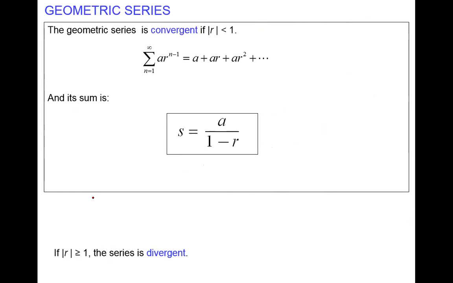If I rewrite without the absolute value, this is equivalent to the common ratio being between 1 and negative 1, less than 1 or greater than negative 1. If the common ratio is from that interval, then my infinite series has a sum. It's a finite number.